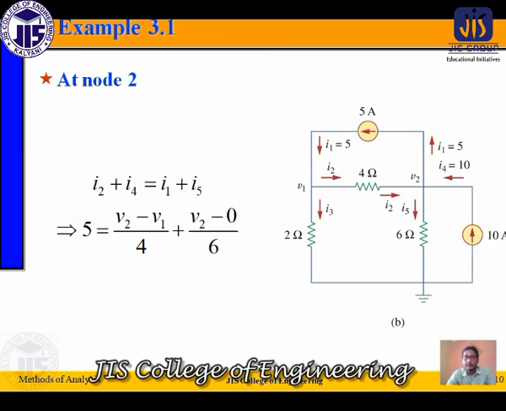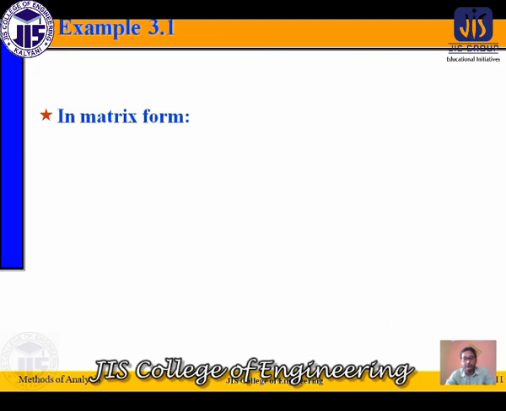This minus sign is given because we have multiplied by that minus, because I2 is shifted from the left side to the right side. That's why it's written as V2 minus V1. Otherwise, the actual value of I2 is nothing but V1 minus V2 by 4, and I5 we know is V2 minus 0 divided by 6. So we got two equations for these two non-reference nodes.